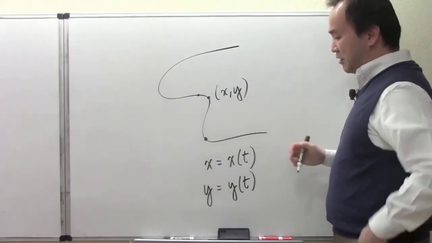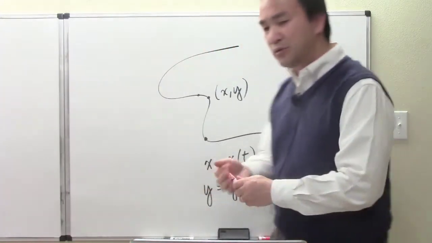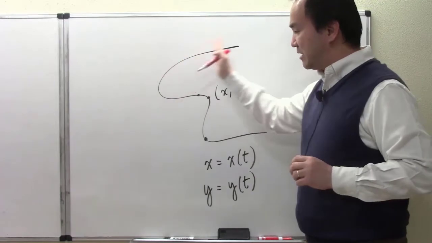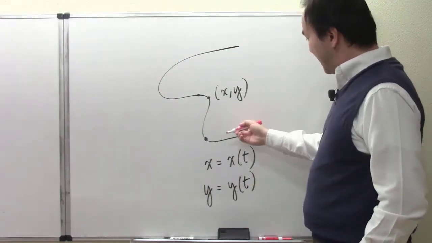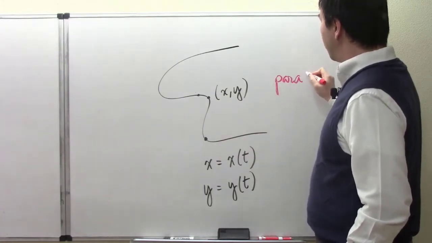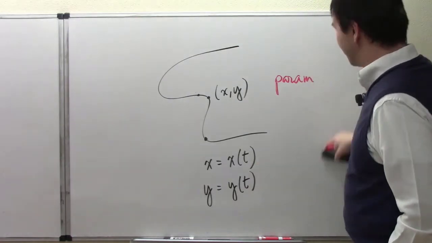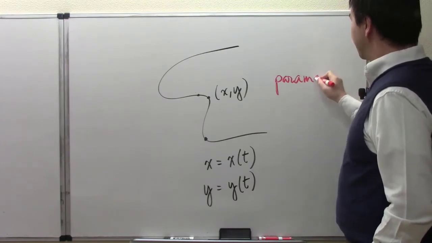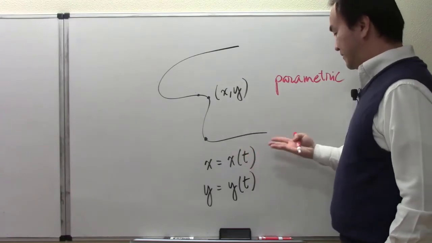Now, for viewers and my students to be aware, a curve like this can be represented parametrically. A path like that is sometimes referred to as a parametric curve: a curve on the x and y plane that can be represented by a pair of parametric equations.